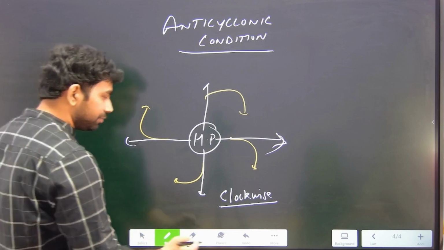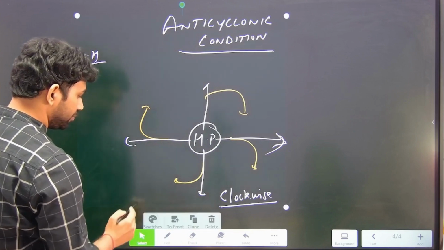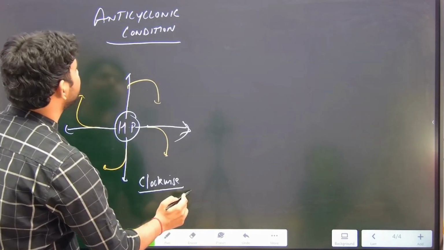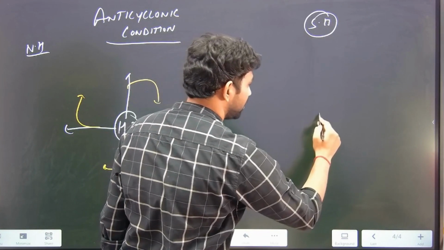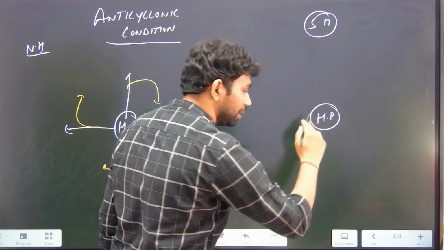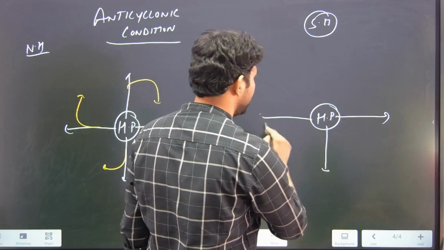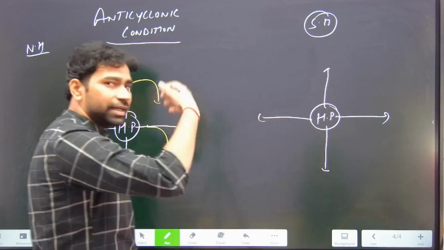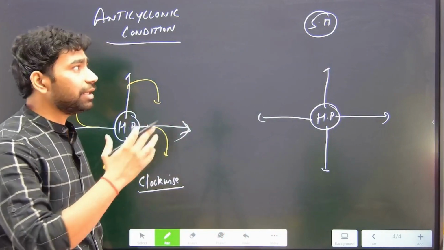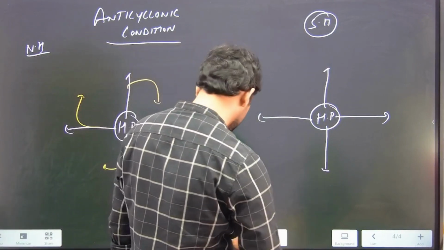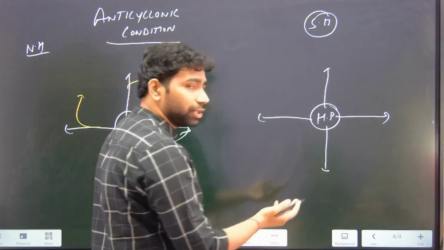Now in the southern hemisphere, if there is a high pressure near the surface and the wind diverges in all directions, then you know that because of the Coriolis force in the southern hemisphere, the wind is deflected to the rightward side, sorry, to the leftward side.